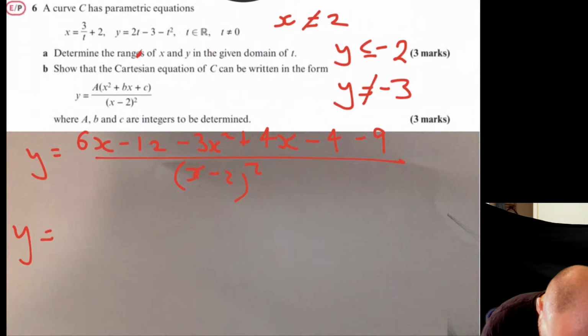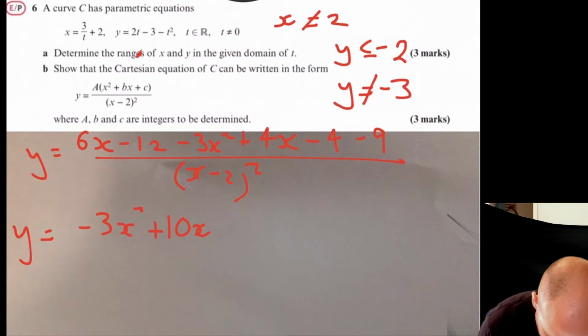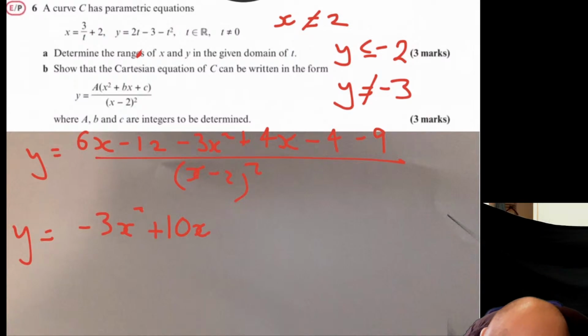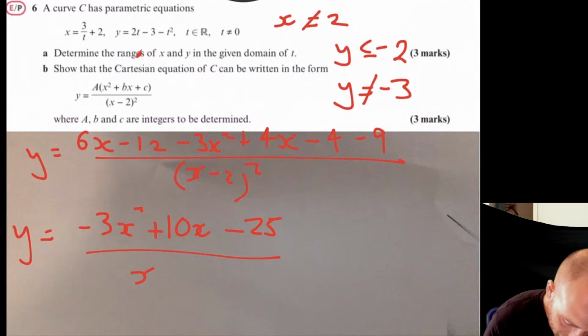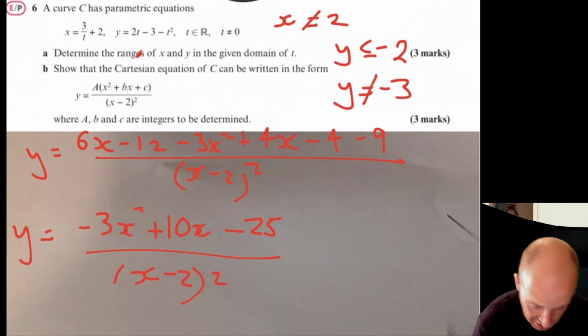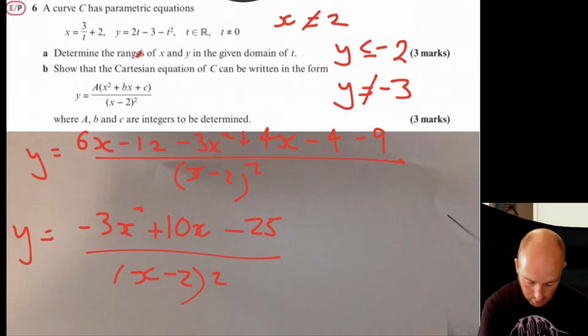Which gives me y equals minus 3x squared plus 10x and then 12 and then minus 25. I think that's it.